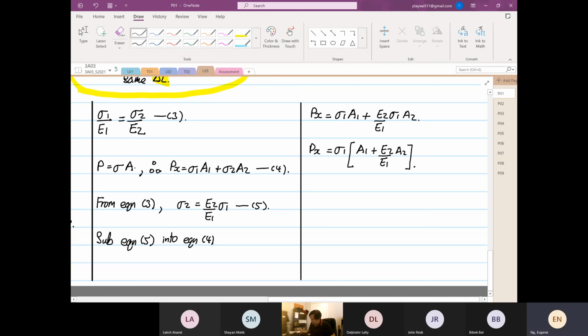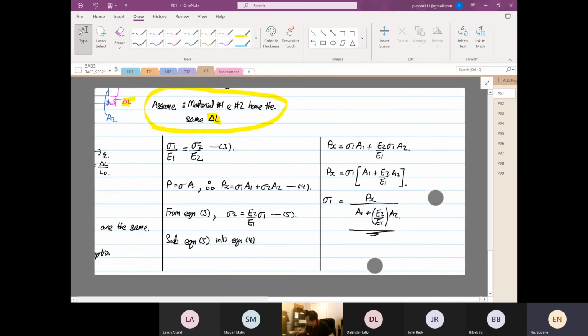Okay, so from here we immediately can find our stress for material number 1, which is equal to Px divided by A1 plus E2 over E1 A2. Okay, so this is the formula.